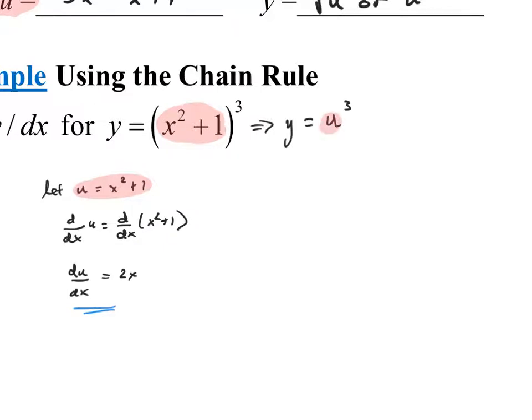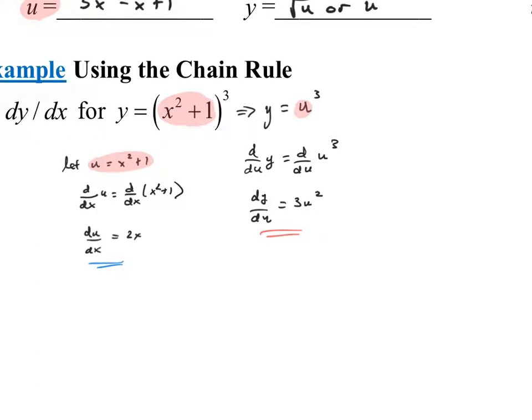Now we're going to find the derivative with respect to u of y. So this is the derivative with respect to u of u cubed. Take the derivative with respect to u of both sides. Well, on the left we have dy/du, and on the right, the derivative with respect to u of u cubed is 3u squared.